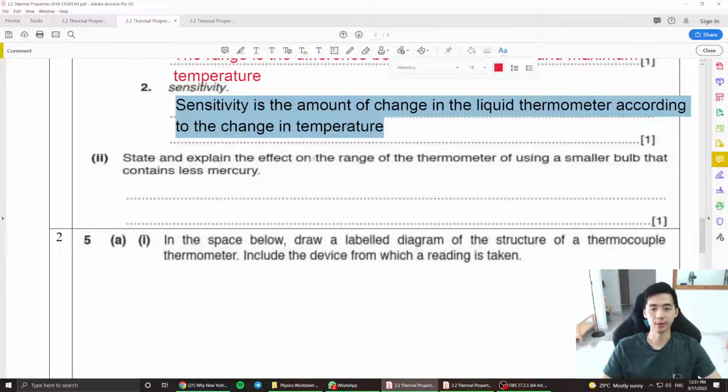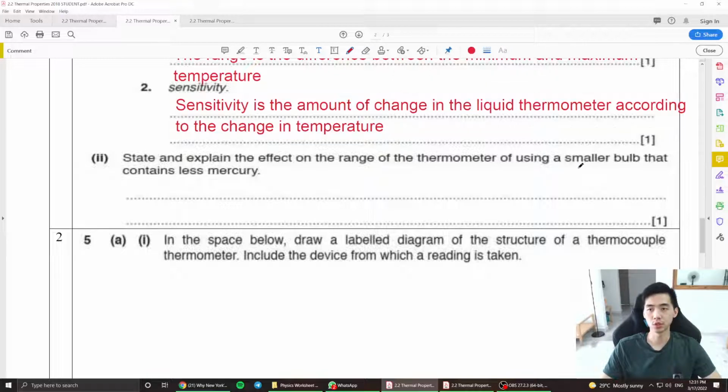State and explain the effects on the range of the thermometer of using a smaller bulb that contains less mercury. Now, if you use a smaller bulb here, it actually decreases the sensitivity, right? Decreasing the sensitivity actually increases the range, guys.